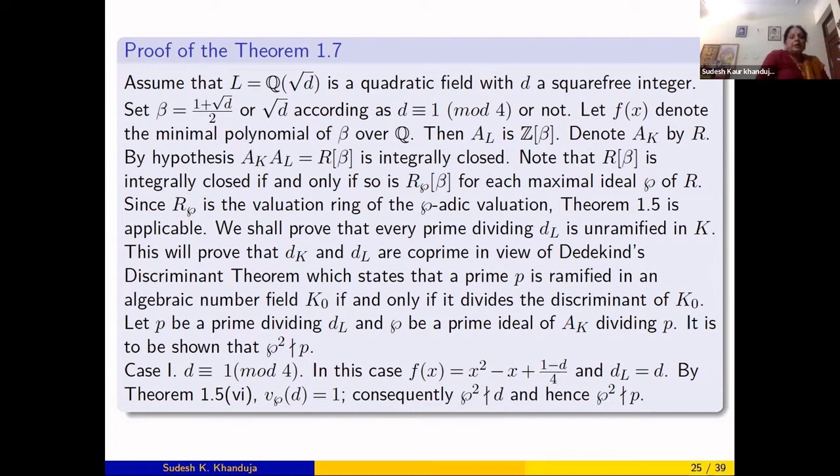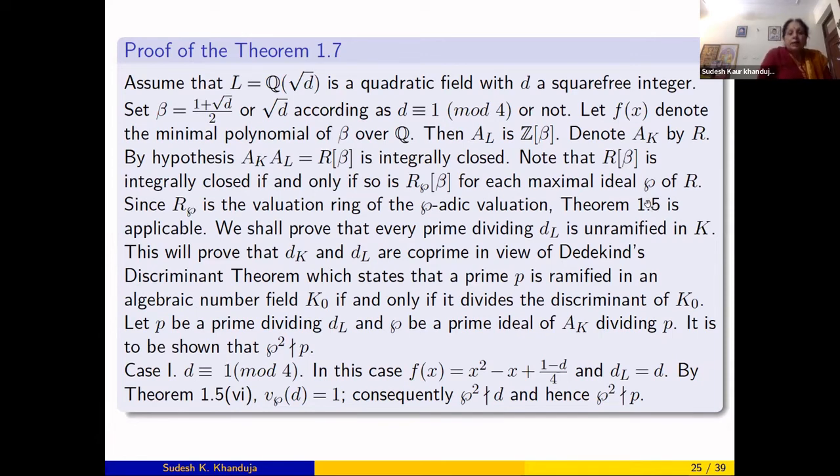It precisely tells us, because R_p is a discrete valuation ring of the field K, that the previous theorem is applicable, and for this it is enough to prove that every prime which divides the discriminant of L remains unramified in K.